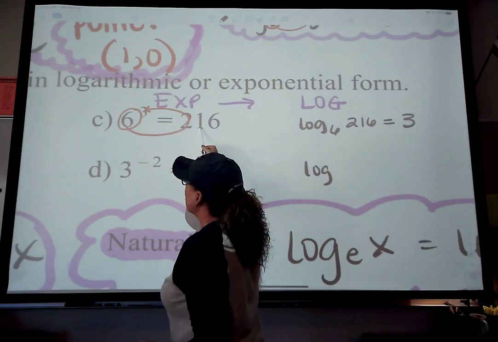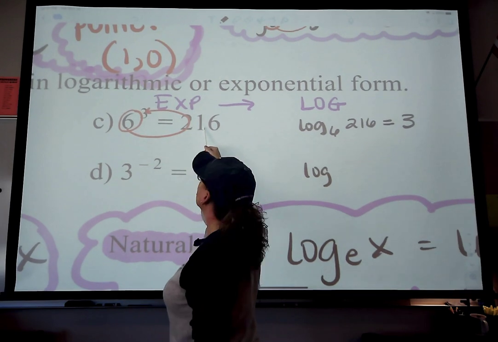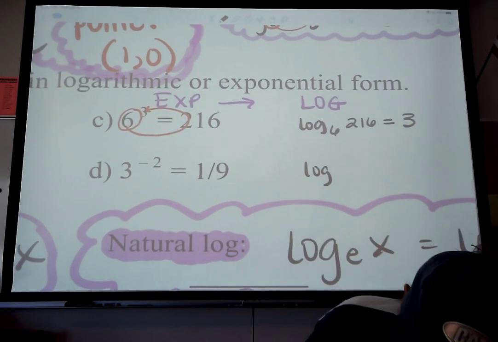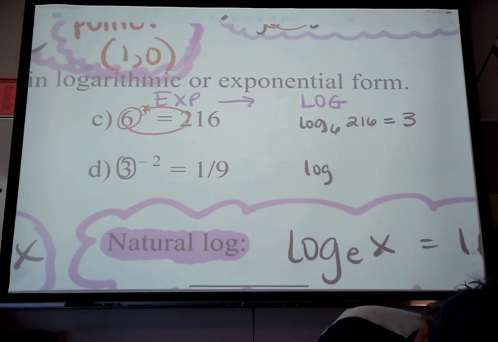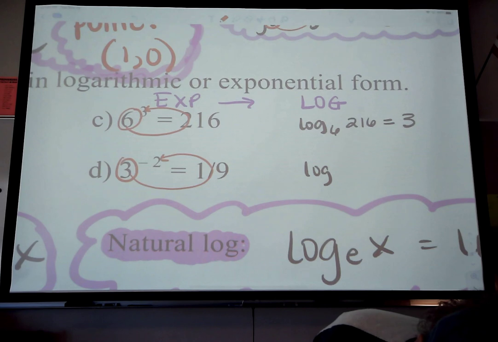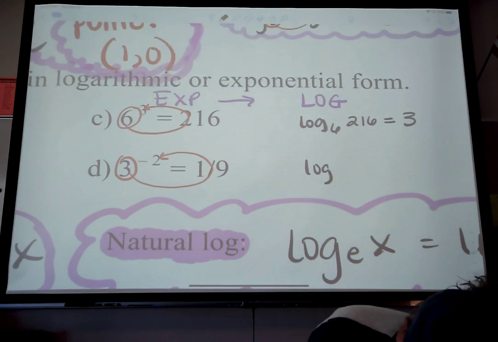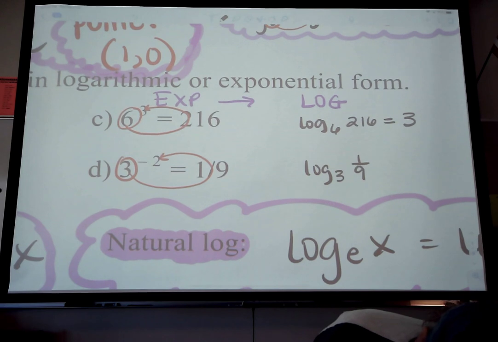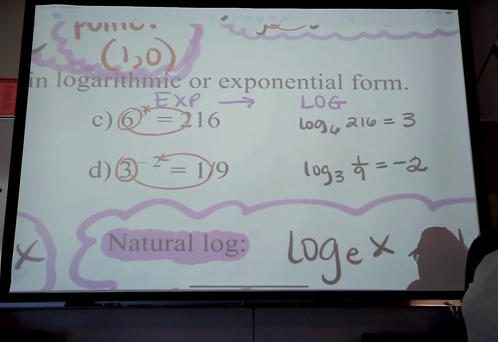This comes next in my problem, what we're taking the log of, and this is my final answer. Next one, base. Swirl around. So I've got log base 3 of 1/9 equals -2.